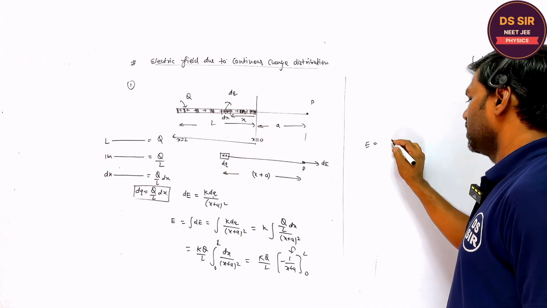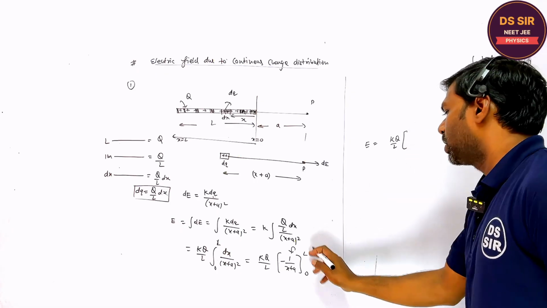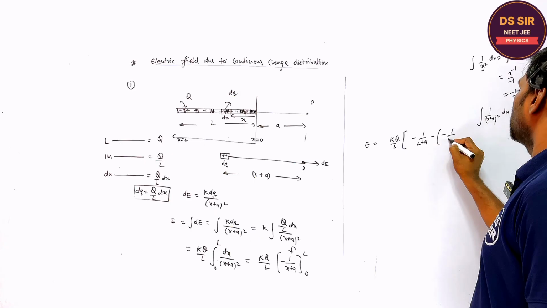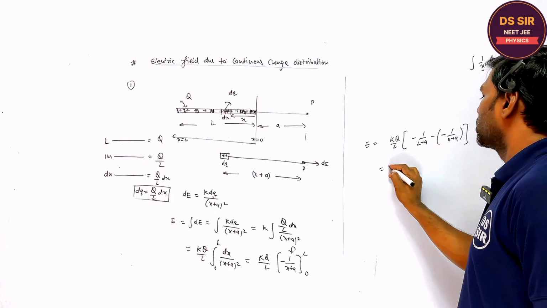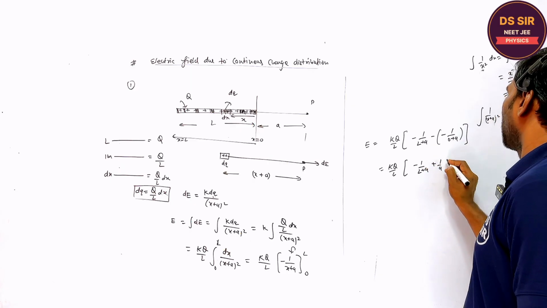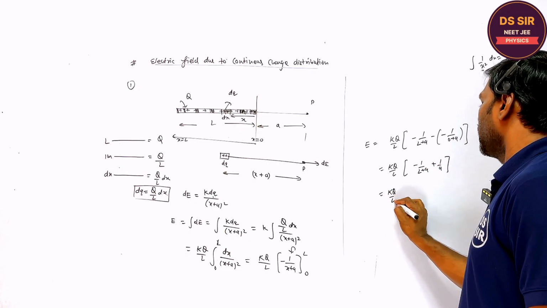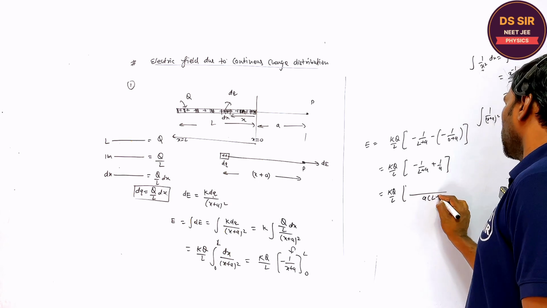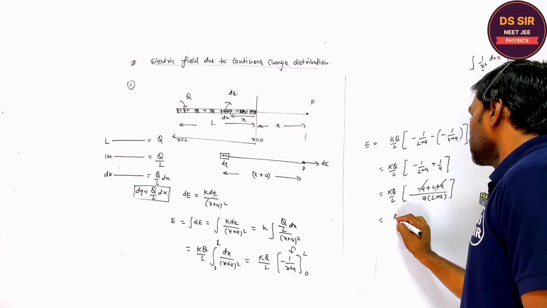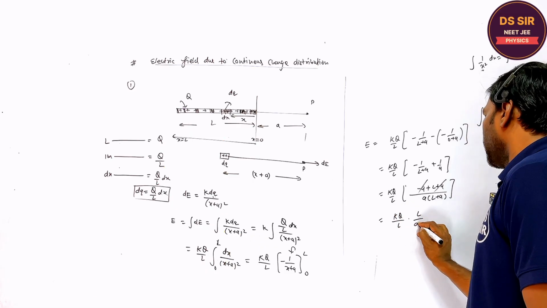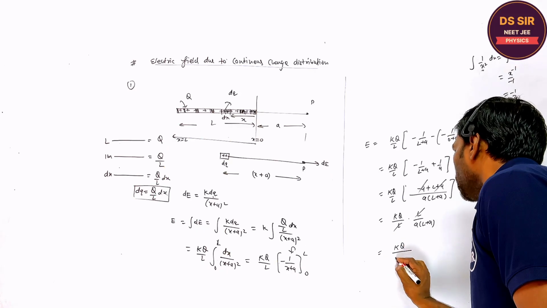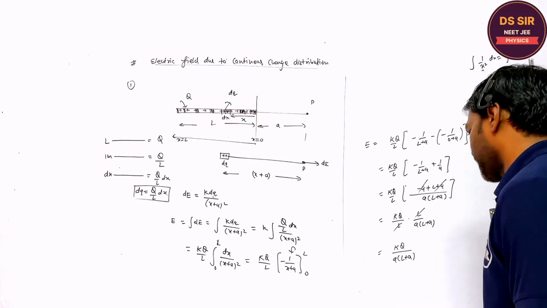This is the electric field, kq upon L, minus 1 upon (L plus a) plus 1 upon a, which equals kq upon L times the LCM: (L plus a minus a) upon a(L plus a). So this is kq upon L times L upon a(L plus a), which is kq upon a(L plus a).